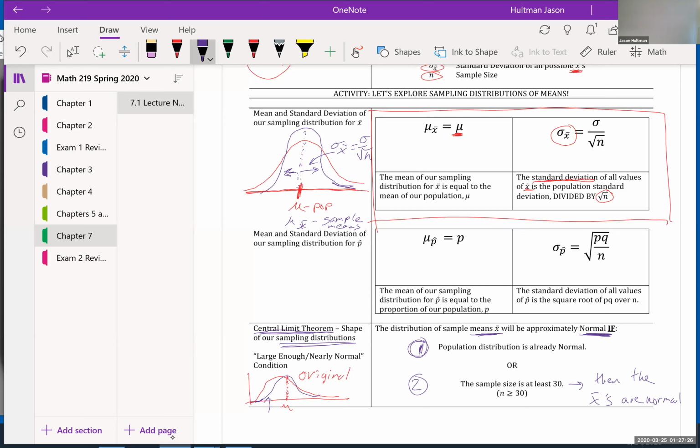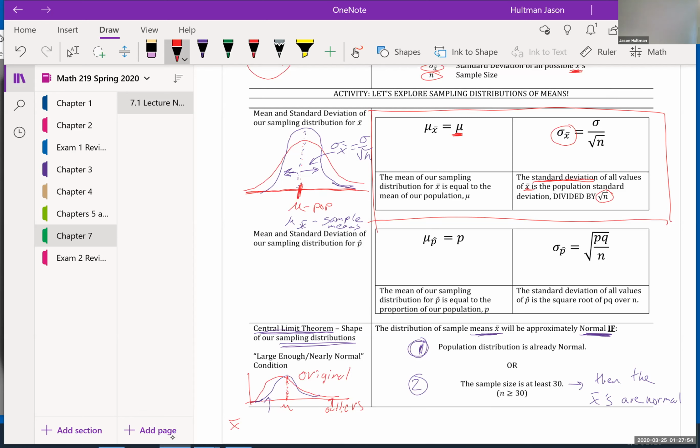So say the population had a bunch of outliers over here, right? But what happens when I have outliers and I take all of the averages? Well, aren't those outliers going to be averaged? Aren't I going to get an average value that kind of undoes those outliers?